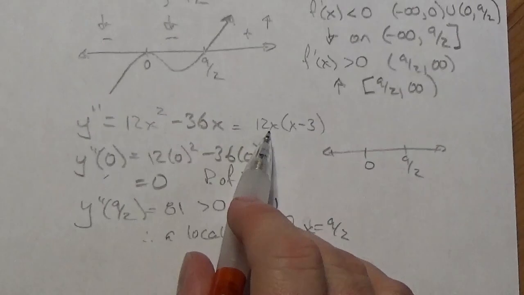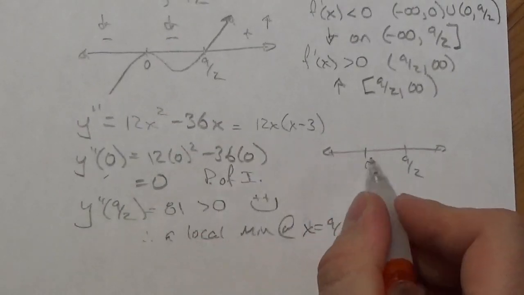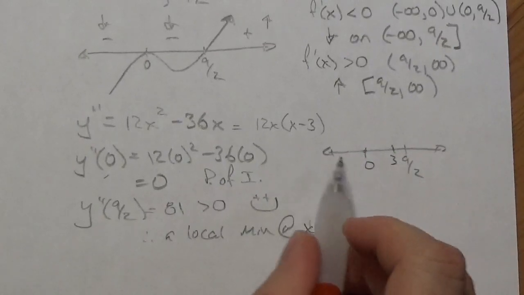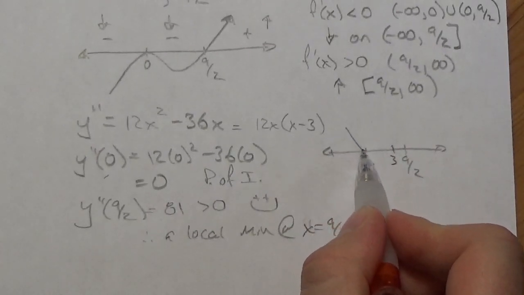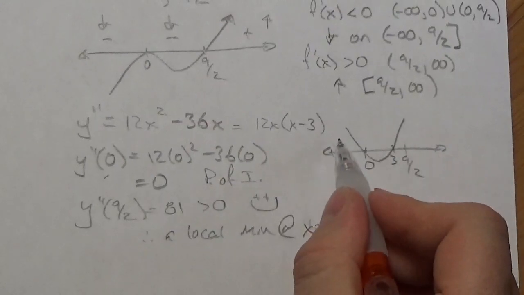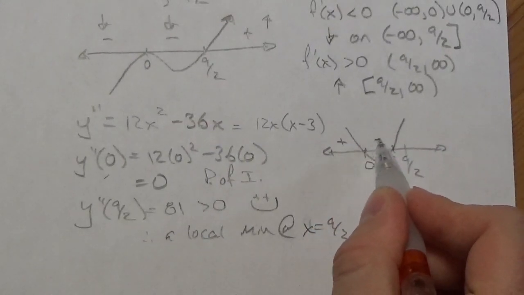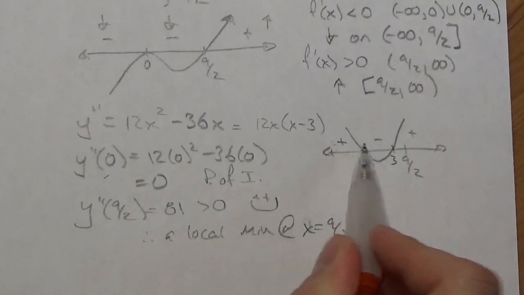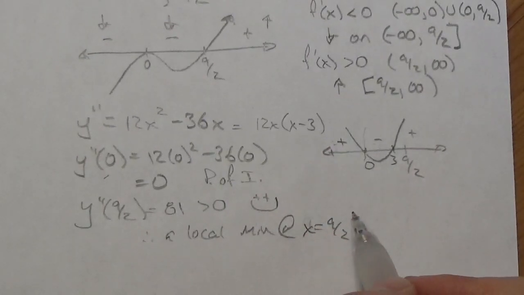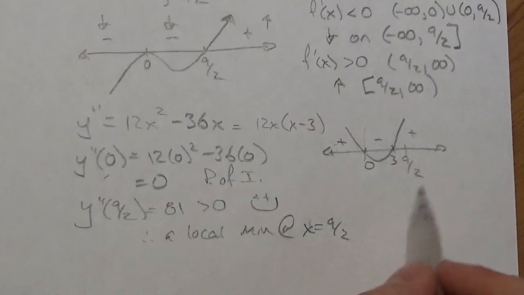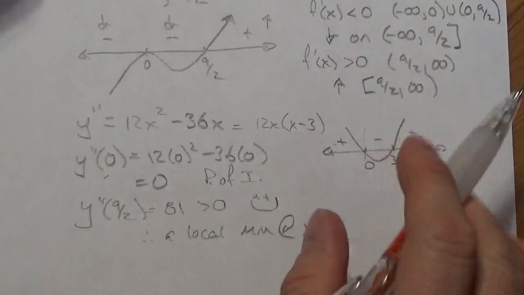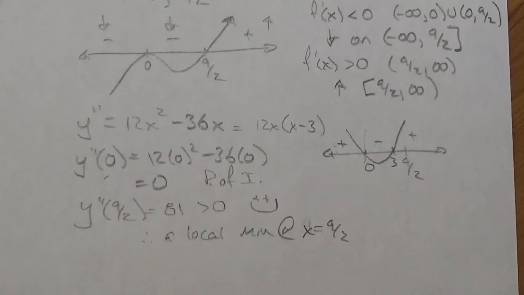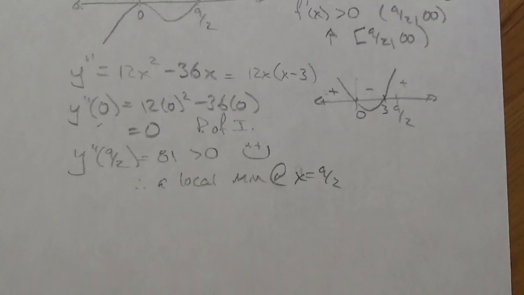So I'm going to get a 0 at 0 and at positive 3. Now remember, 9/2 is 4.5. So my parabola is going to look like this. This is my second derivative. It's positive here, negative here, positive here. So notice that it did in fact change concavity on both sides of 0. That's really what I was interested in. The rest of this was not of concern to me. So I know that that point is actually a point of inflection.